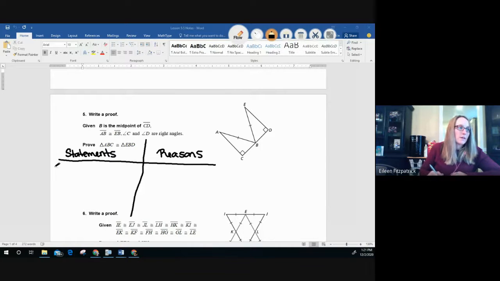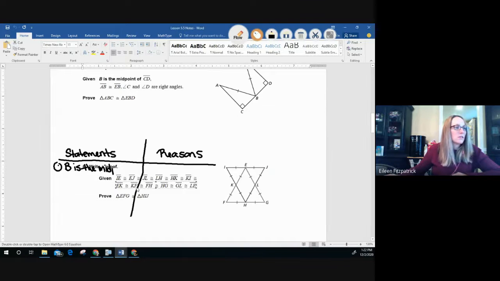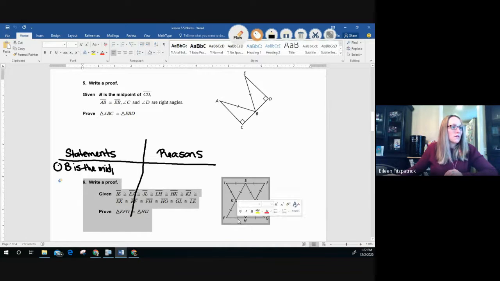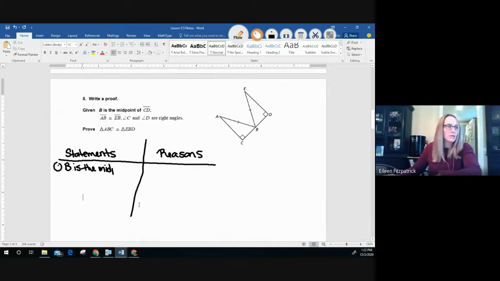All right. So the first is that B is the midpoint. I'm not going to have enough room for this. Give me 1 second. Since I'm not going to do this proof just for now, I'm going to delete that out of the way. There we go, to give me more room.